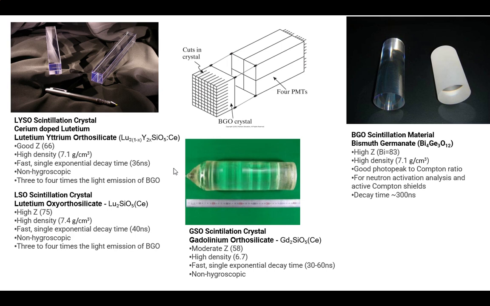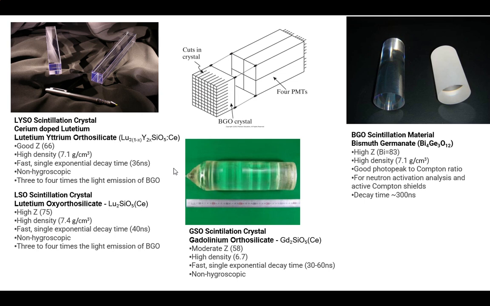In addition, it's 7.134, if you really want to be precise, grams per cubic centimeter. So it's about twice the density that you were getting with the sodium iodide. So for both of our numbers, these are awesome, right?